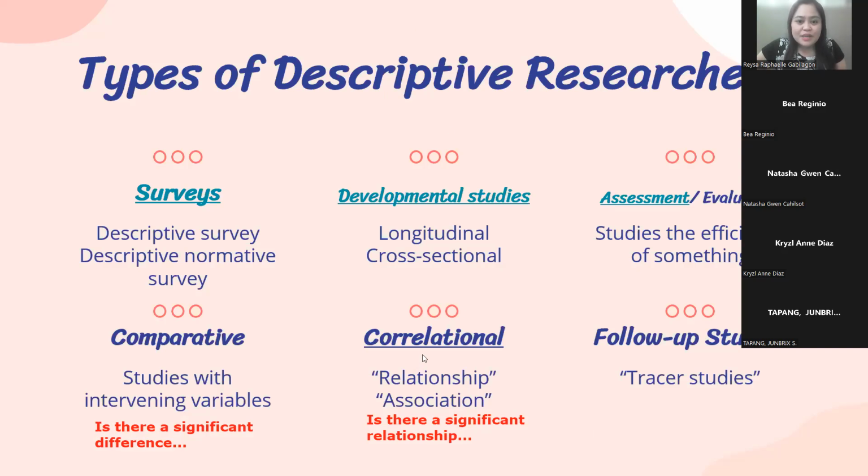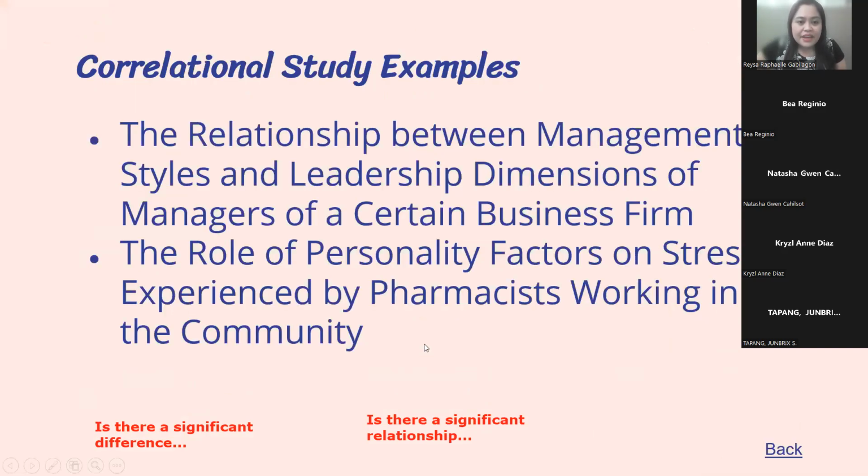Okay, relationship is what is being looked for. Like this one, the relationship between management styles and leadership dimension. Is there a relationship between a person's management style and his leadership dimension?